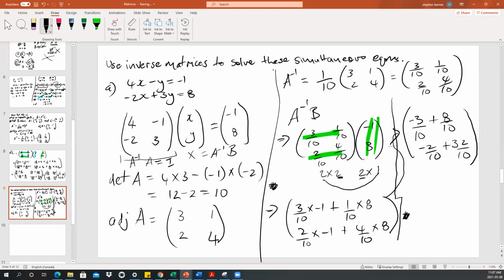Let us see what else we can simplify. This is just 5/10, and 5/10 is just a half.